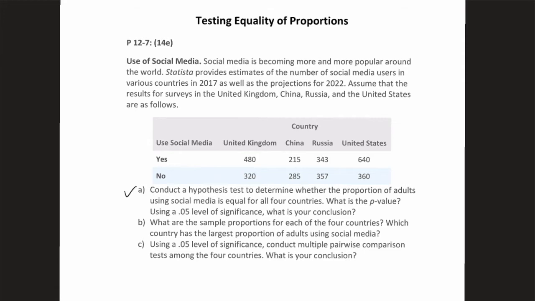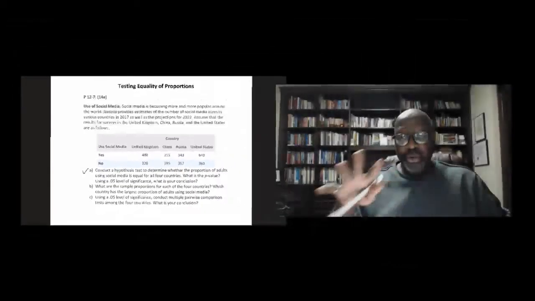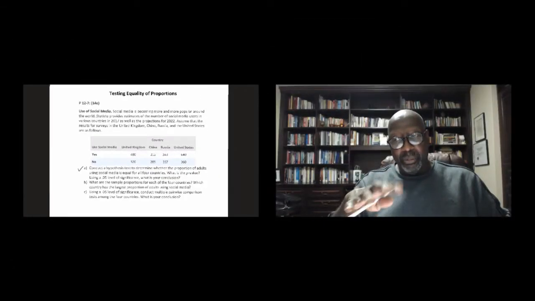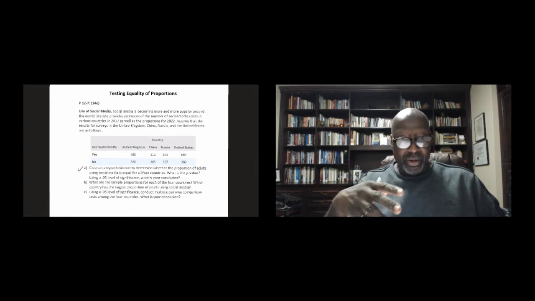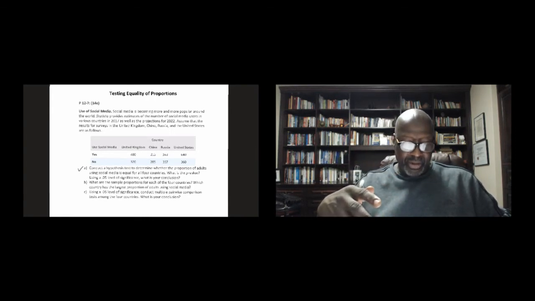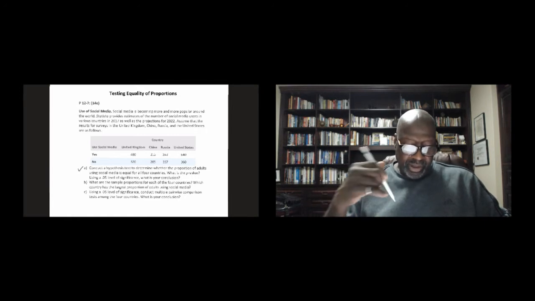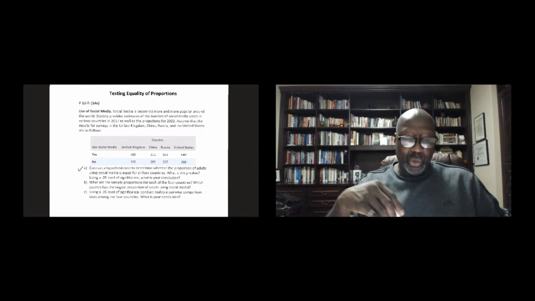And if we do reject the null hypothesis, that is, we conclude that they differ, we must now go ahead and do a Marascuilo test for equality of proportions to determine which one is different from the rest of them. All right. So the way in which we do this is we have to total the columns and we have to total the rows.